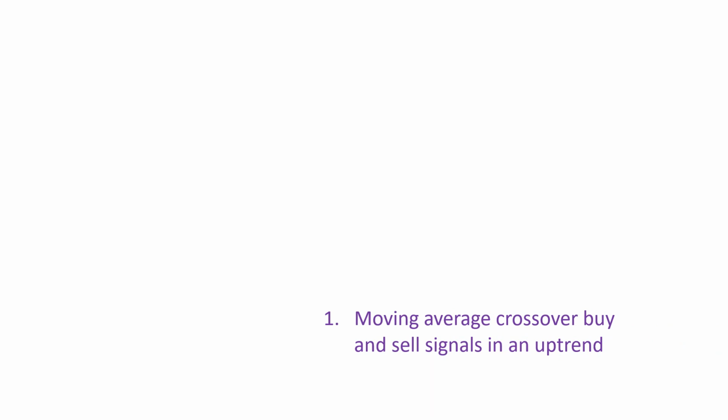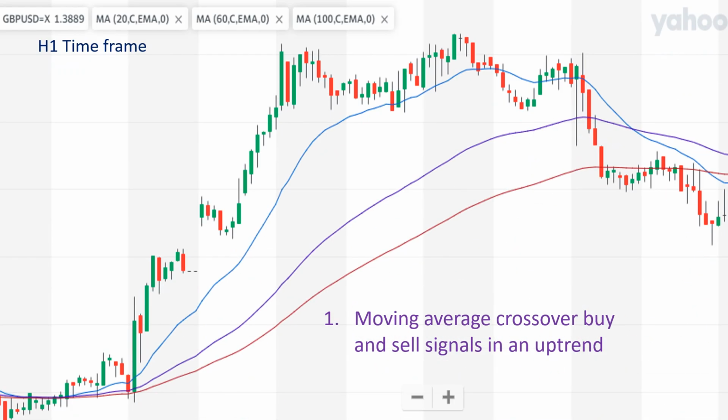Moving average crossover buy and sell signal in an uptrend. This is the price trend, British pound versus US dollar H1 time frame. I installed EMA 20 as a fast moving average, EMA 60 as a slow moving average, and also EMA 100 as trend indicator.